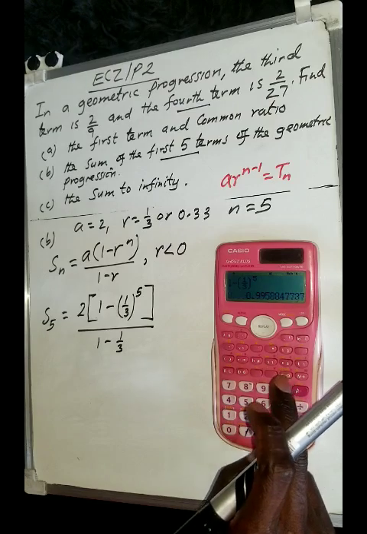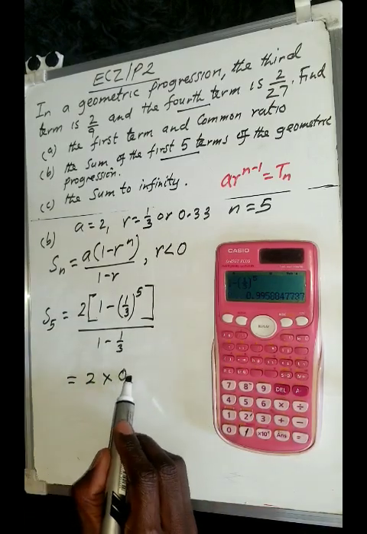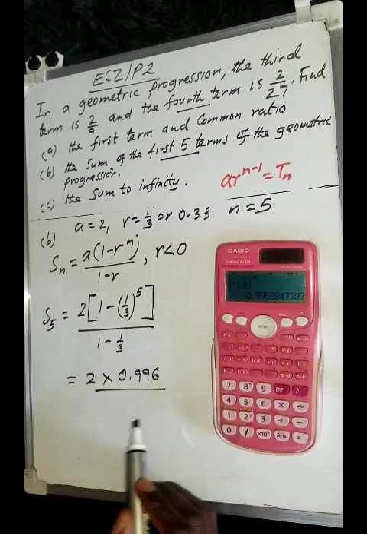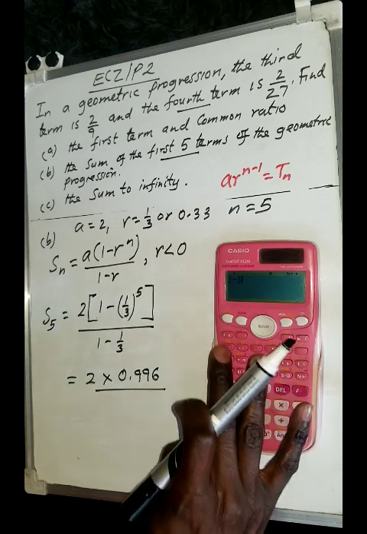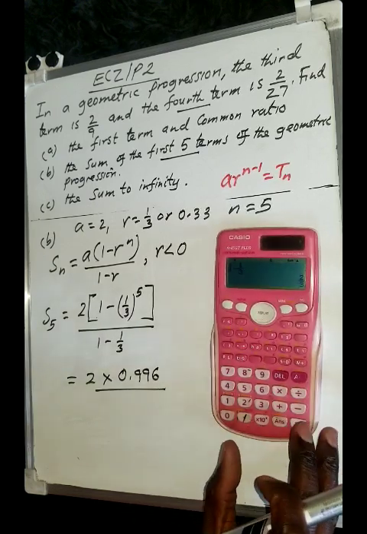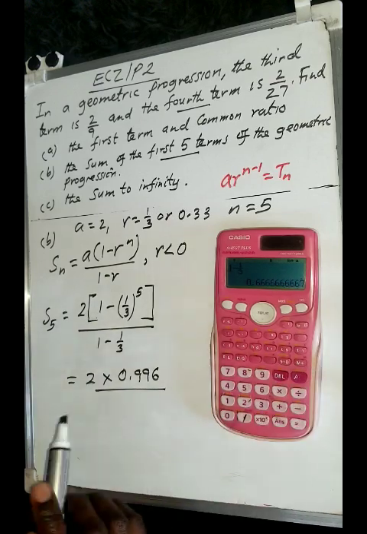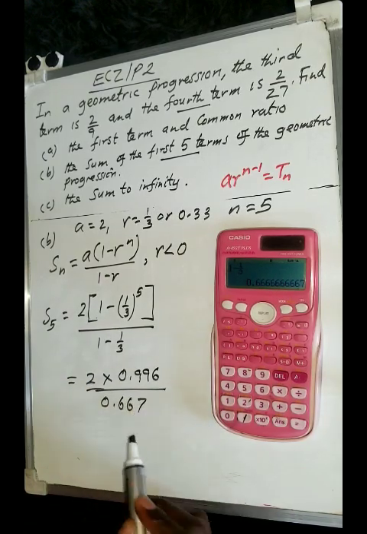This is going to be 2 multiplied by 0.996. I've left it to 3 significant figures. Then 1 minus 1 over 3 is giving me 2 over 3. I can take it to a decimal number, which gives me 0.667.